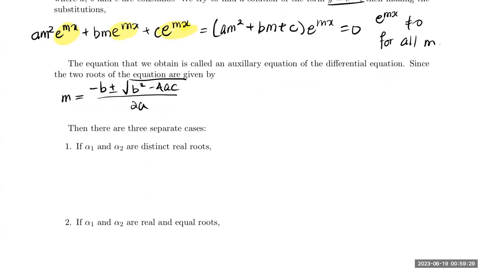So from here, there are three separate cases that we have to consider because of the discriminant that we would have to check out. So let's say that alpha 1 and alpha 2 are distinct real roots, where m is equal to alpha 1 and m is equal to alpha 2. Those are your two solutions of this auxiliary equation.